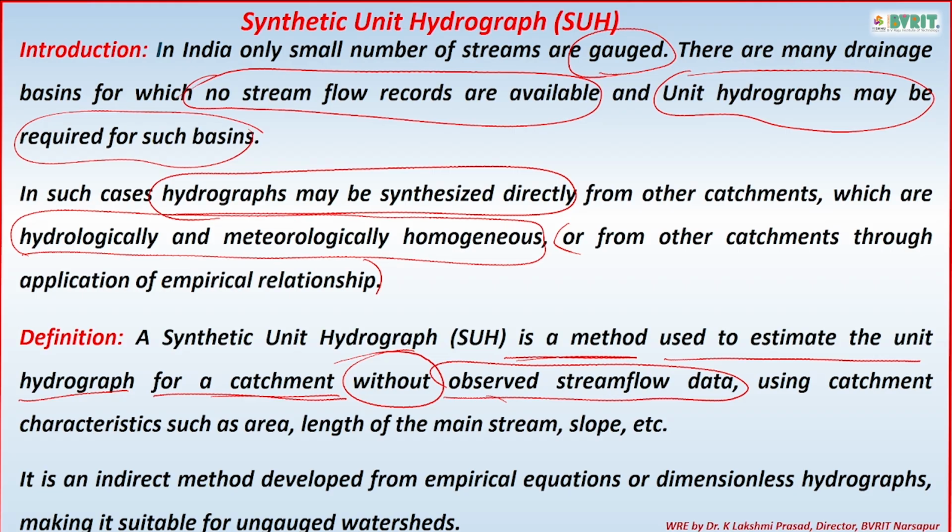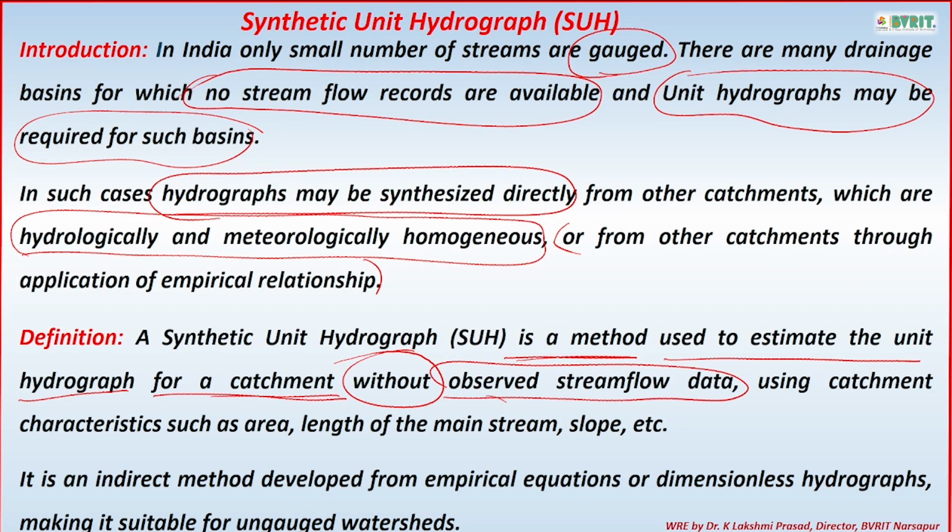For a catchment which doesn't possess stream flow data, if you want to derive a unit hydrograph, then the synthetic unit hydrograph is the method. It is a method to derive the unit hydrograph for an ungauged station where no stream flow data is available.